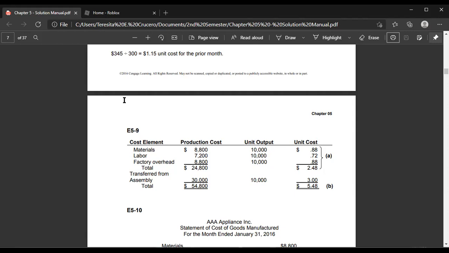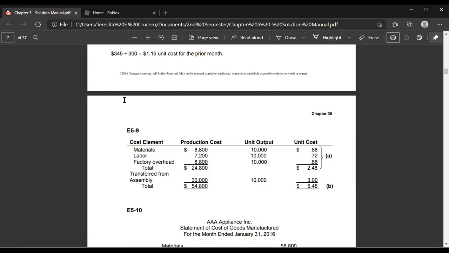And we have the unit output of 10,000. So we now get the cost per unit of 2.48. And from the previous department, it's 3. So meaning it's 5.48, as required in letter A.